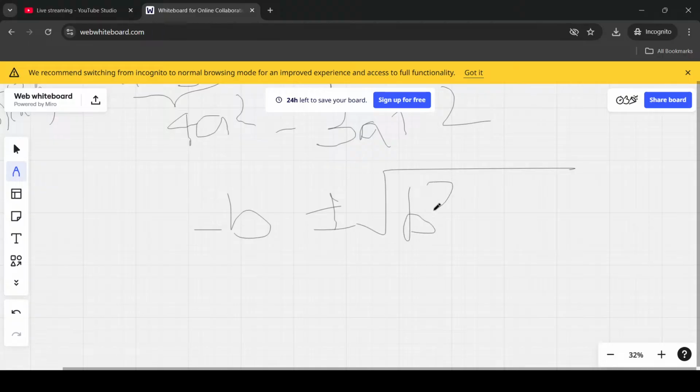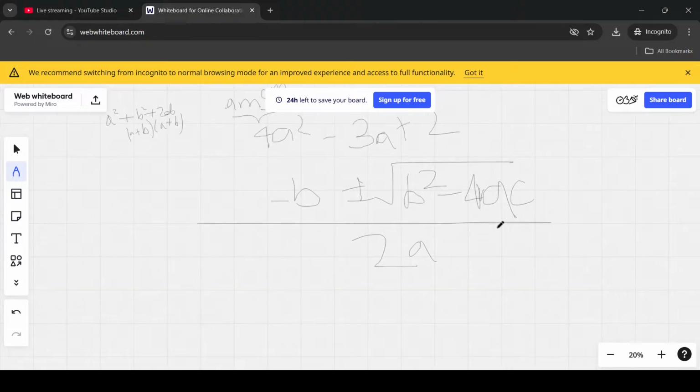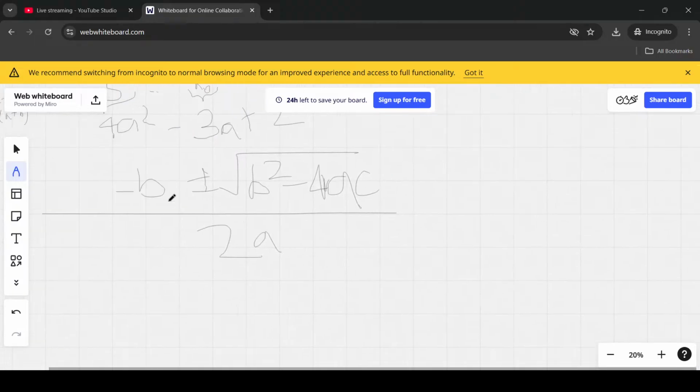So you can find the roots by this formula, the quadratic equation. Similarly, it can be reduced to minus of minus 3 is 3 plus minus the whole bracket will become minus 3 square, so 9. 9 minus 4 times 4 is 16.